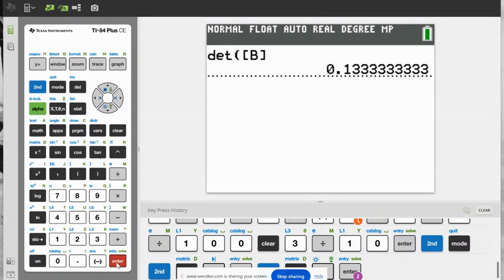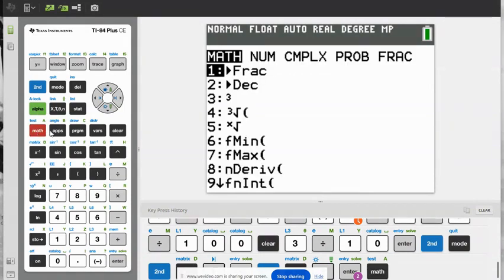I don't want it as a repeating decimal. Remember, I don't want ever repeating decimals as answers. So anytime you have a repeating decimal as an answer, I need it as a fraction. Well, we could make the calculator turn it into a fraction. So what are we going to press? We're going to press the math button, which is right under the green alpha sign. And then see how choice 1 is fraction?